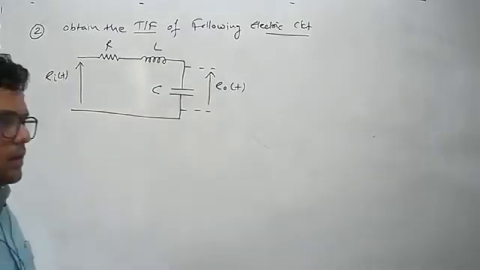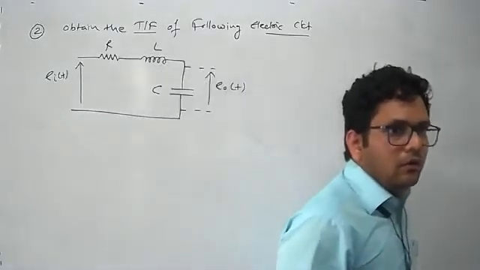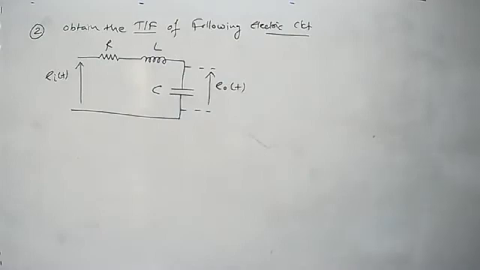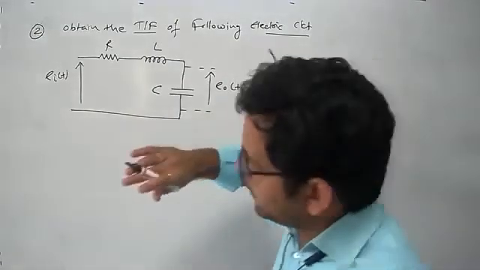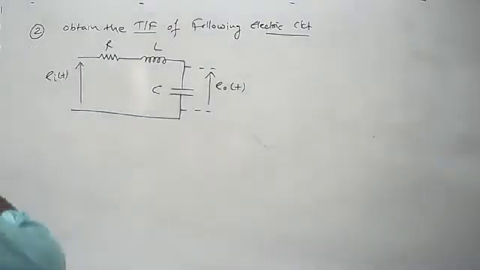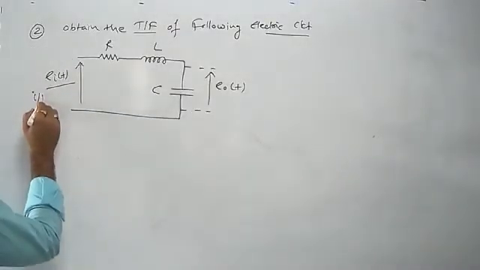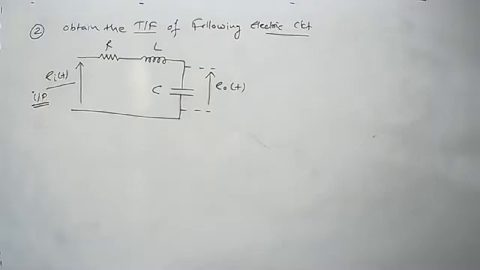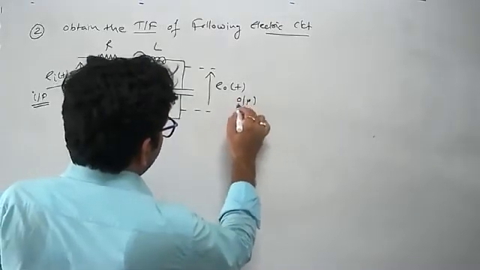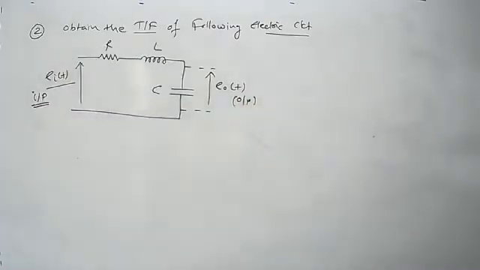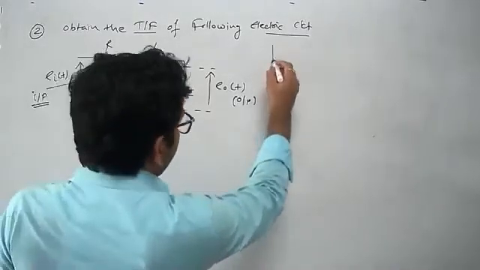So this is our numerical number 2, where the circuit is given to us and our objective is to calculate the transfer function of this circuit. In the numerical it is given that the input to this circuit is defined by EI of t and the output is defined by E naught of t. So again you need to apply the same logic. So let us try to solve this numerical.